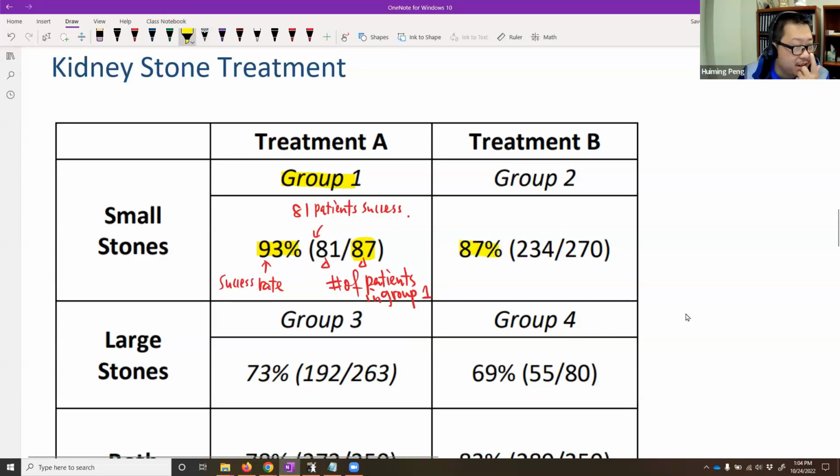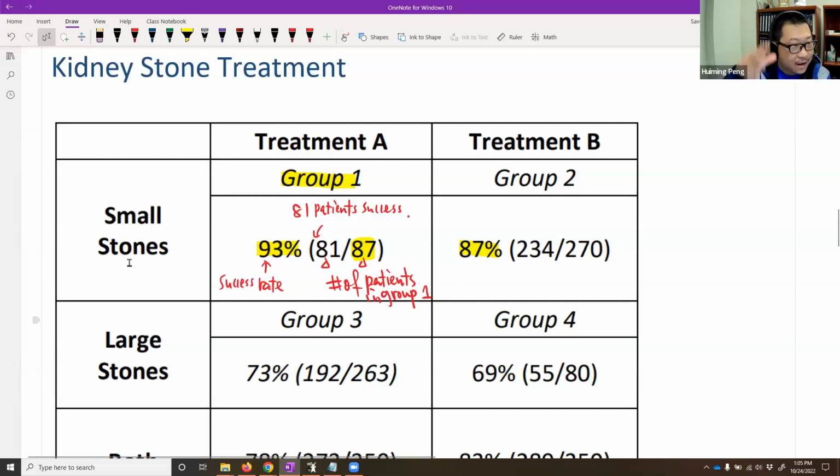This is the success rate. Everyone, can you look at it? If I look at the first row, if we compare group 1 to group 2, both groups are patients with small stones, so we really can compare them, right?